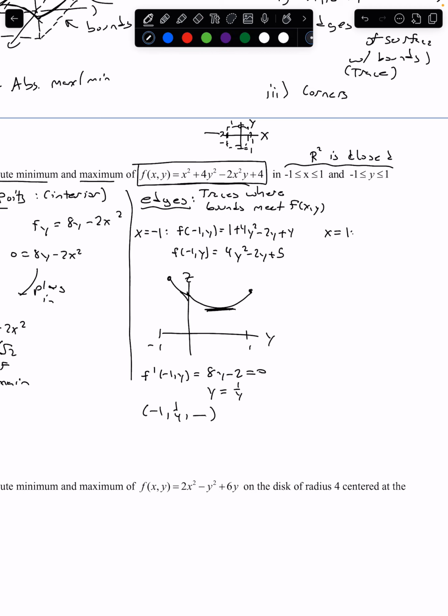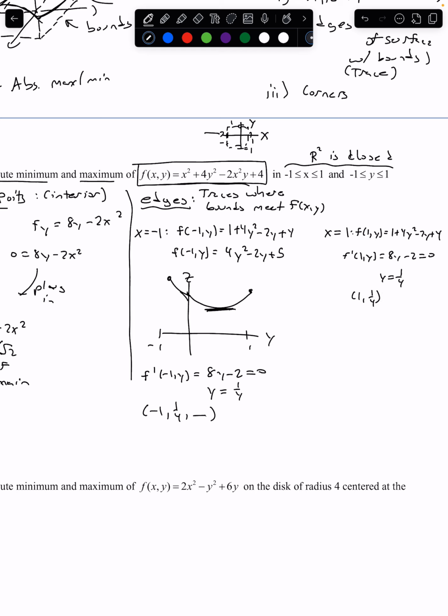We would get f of (1, y), and that becomes 1 plus 4y squared minus 2y plus 4. Taking the derivative again, we would get 8y minus 2, set that equal to 0. Again, we get y equals 1/4. So another possibility is (1, 1/4).